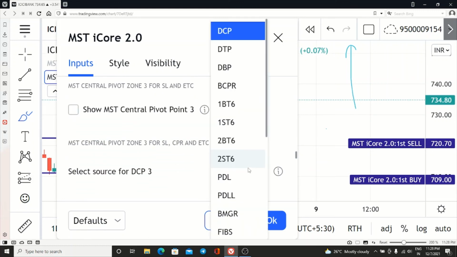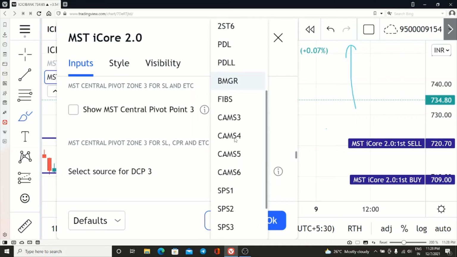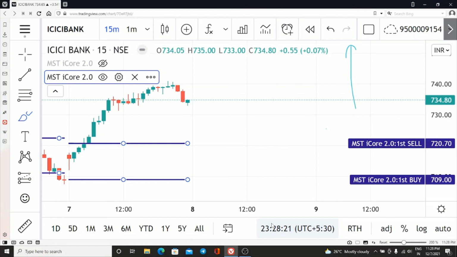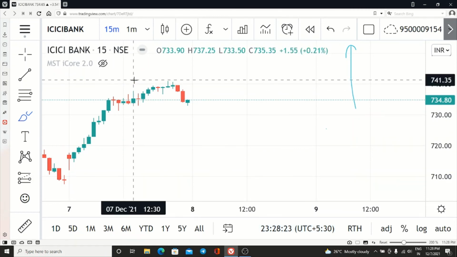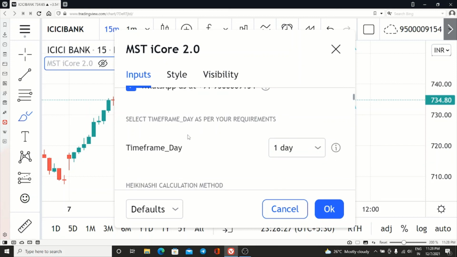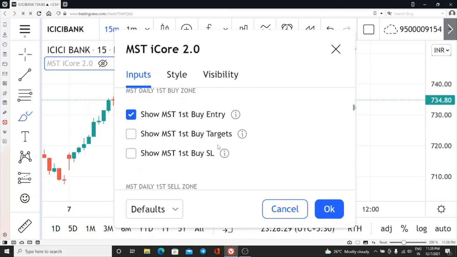Then third point, here I have kept bottom CPR, previous day low, Fibonacci support, Camarilla pivots and standard pivots. Whichever you want, that you can trade. All these are based on your understanding. If you don't understand this part, no problem. You just simply get this 2.0 and trade with the default settings.